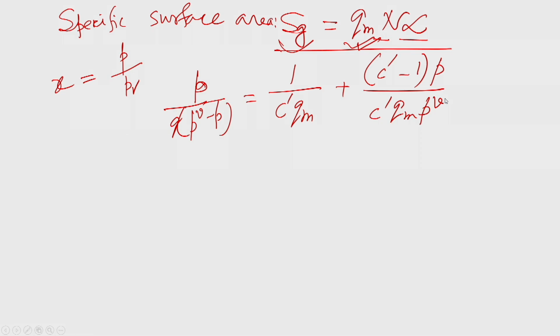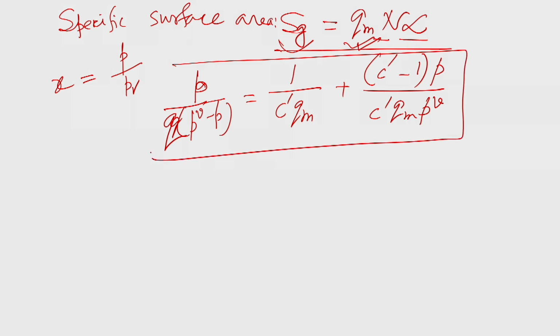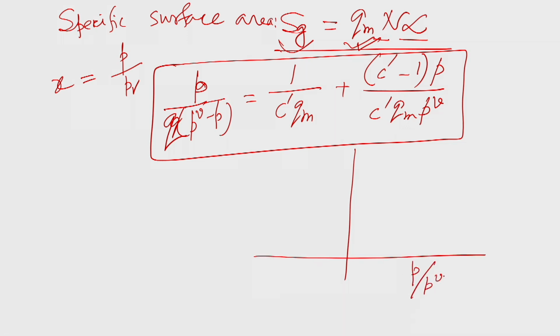Okay. Now we have a straight line equation. So, what will we be doing now? We will be plotting P by PV versus P by Q into PV minus P, so this is y versus x, where y is equal to mx plus c.